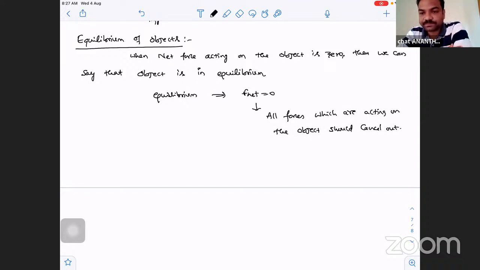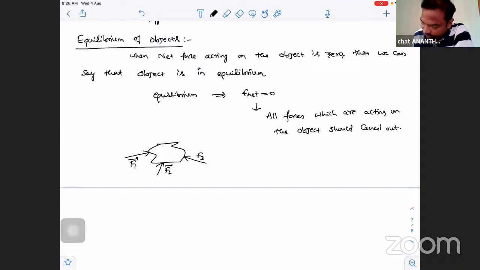Whenever all forces are cancelling out, then we call the net force zero. That means something like this. Suppose this is the object. Then F1 bar is one force, F2 bar is another force, and F3 bar, and then F4 bar. That is, four forces are acting. Then what does the net force mean? F1 bar plus F2 bar plus F3 bar plus F4 bar.